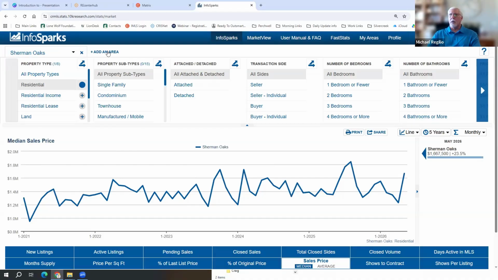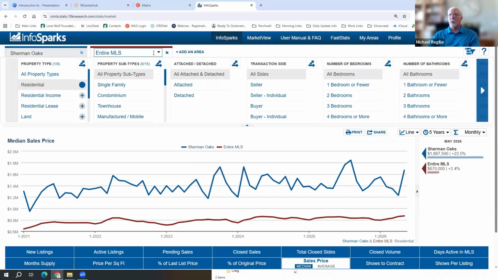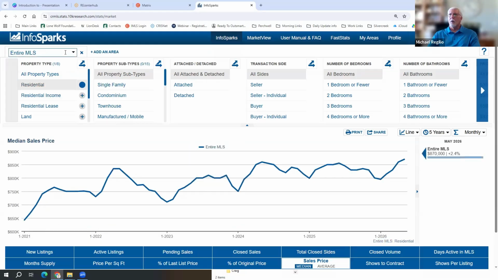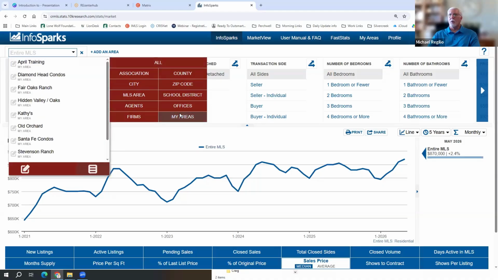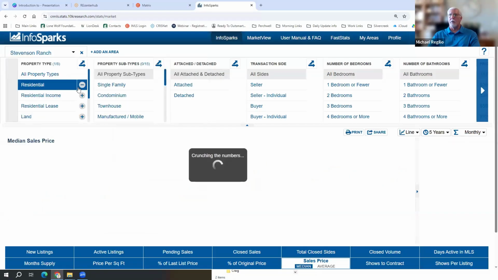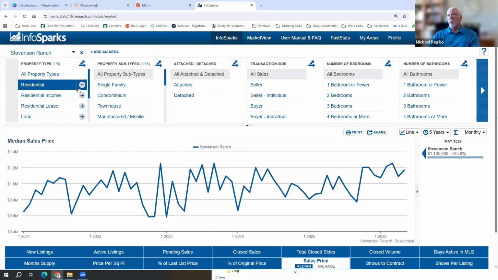The other opportunity that you have is to search by what's called my areas. So you can actually save a map search, and it will search for that specific map search for your InfoSparks information.